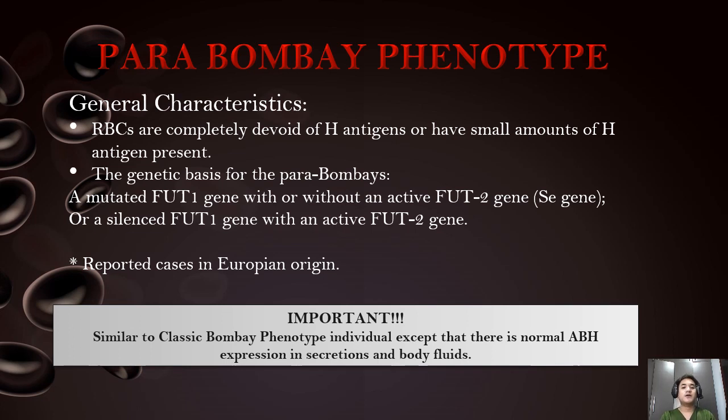So going back to the genetic basis of your para-Bombay, it results from a mutated FUT1 gene but contains an active FUT2 gene. And that's exactly why para-Bombays, unlike the classic Bombay phenotype, have a normal expression of the ABH antigens in secretions and body fluids.